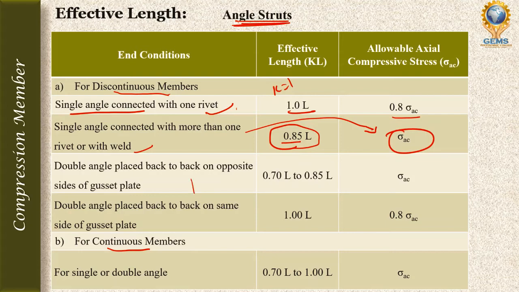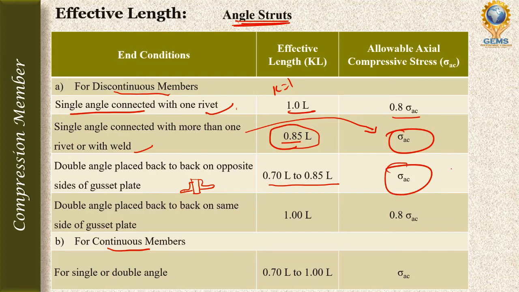So if this is your gusset plate, we are connecting angles in opposite directions, both sides. So for that, your KL effective length value will lie between 0.7L to 0.85L. We have to assume any one value between 0.7 to 0.85L. And here the axial compressive stress is sigma AC only.